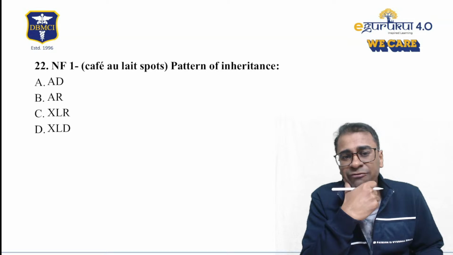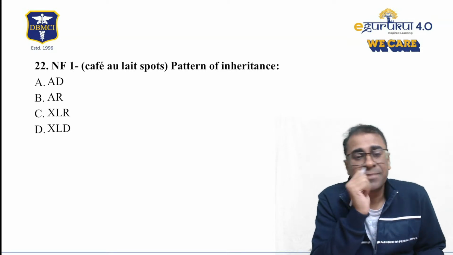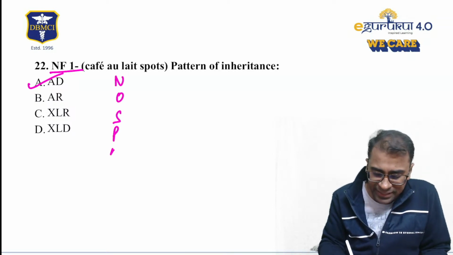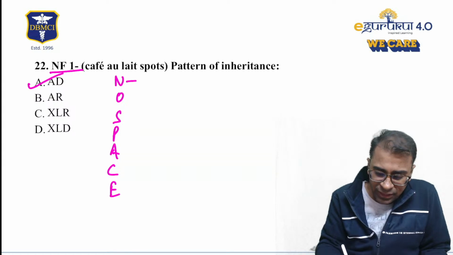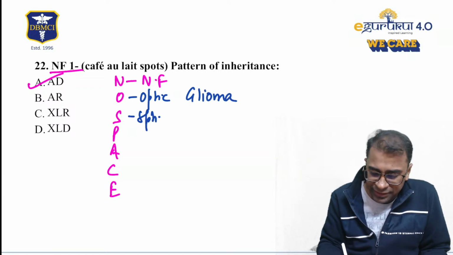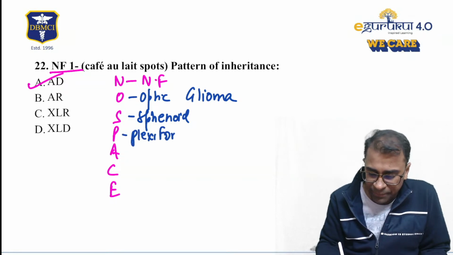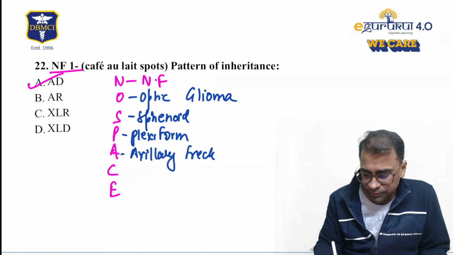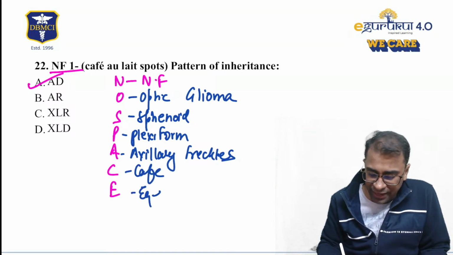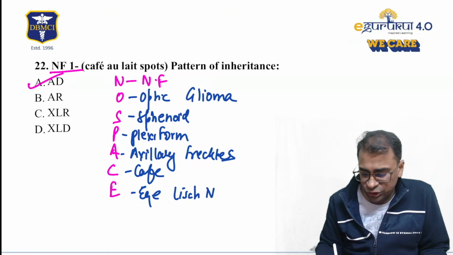Okay. NF1, where are café-au-lait spots found? Yes, it is autosomal dominant. And what are the other findings? Neurofibromatosis, optic nerve glioma, sphenoid dysplasia, plexiform neurofibroma, which means a bag-like swelling, axillary freckles, café-au-lait spots, and in the eye there are Lisch nodules on the iris.